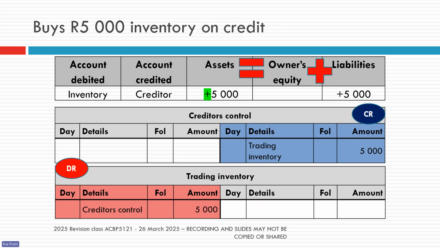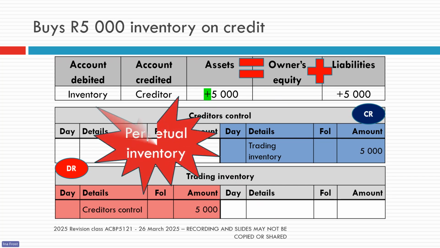Now, at some point, we have to pay the creditor. Just to note, please, that this particular entry where we're buying the inventory is the entry for the perpetual inventory system.